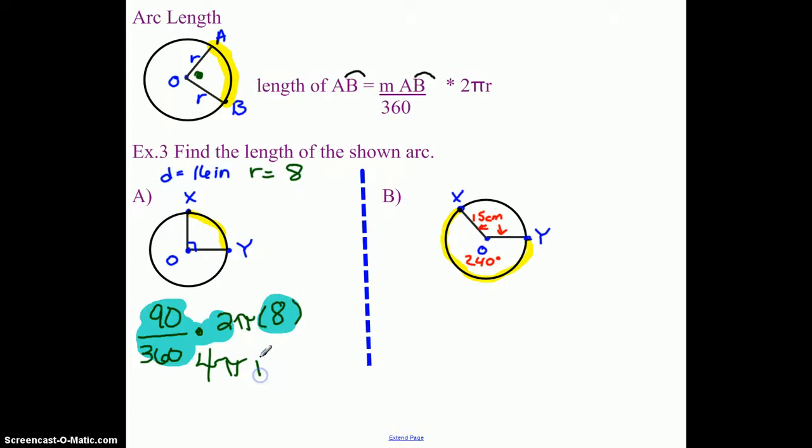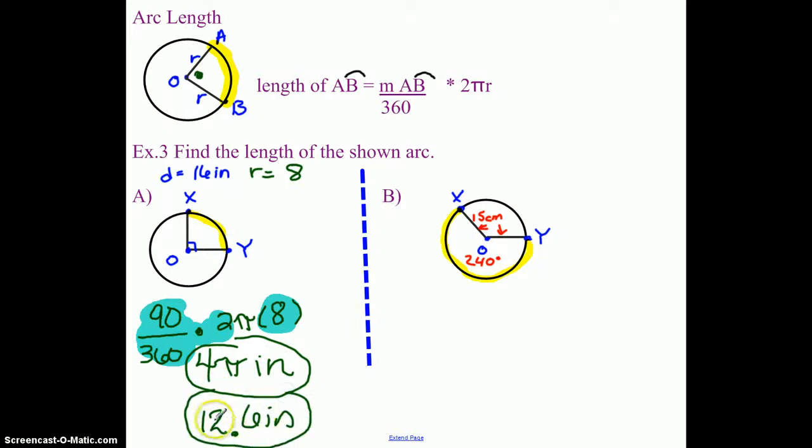So 4 pi inches would be my answer in terms of pi. Now if I were to really put that in my calculator and multiply it out, I would get 12.6 inches. So again, look at the kind of answer they want you to do.